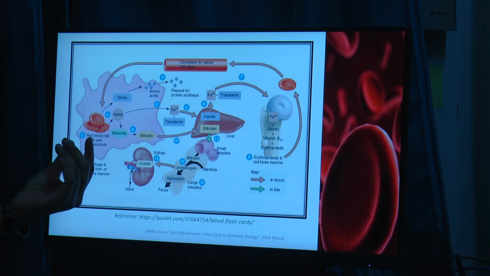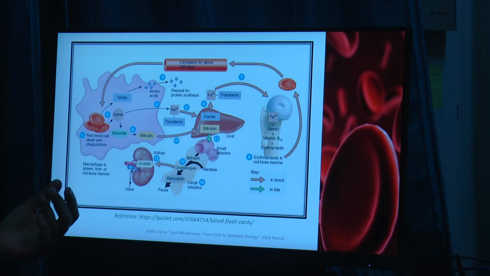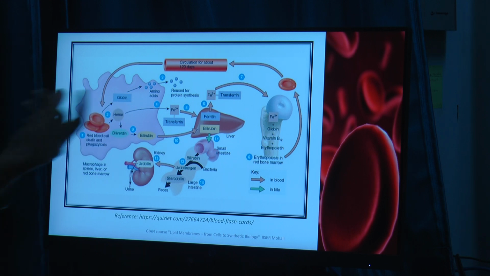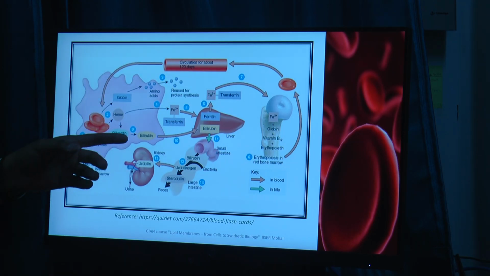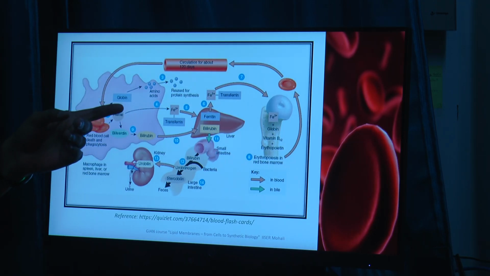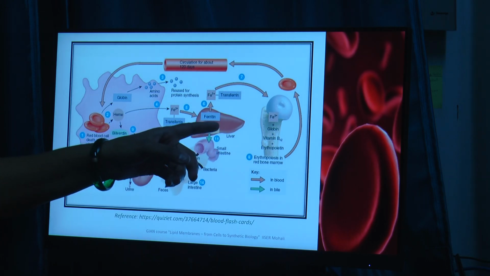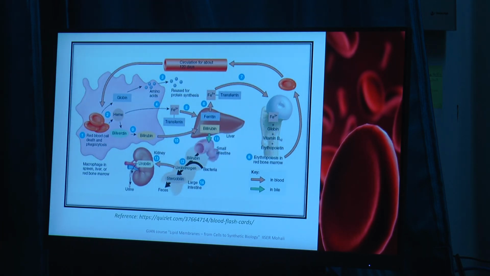When the red blood cell is dead, it is broken into several parts. There is globin from the red blood cell disintegration, which is further segregated into amino acids, and they are recycled again. There is bilirubin, which is recycled through the body by sending it to the liver, and it goes back to the bloodstream.